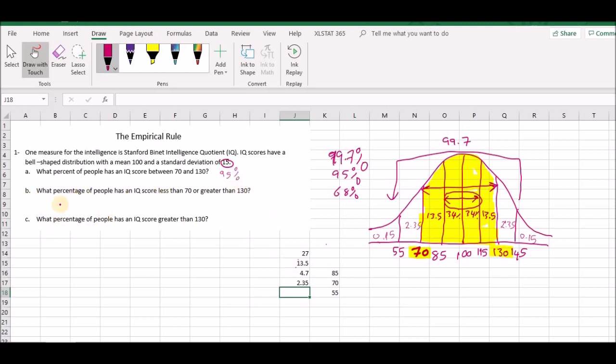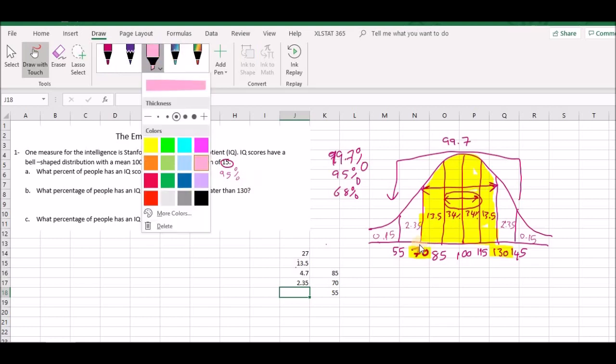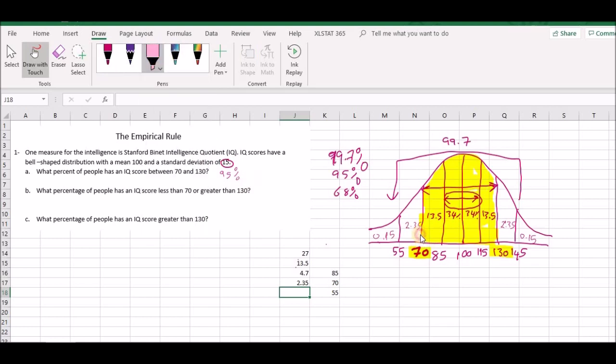Now to answer the second question: what percentage of people have an IQ score less than 70 or greater than 130? Less than 70 is all of this area right here, and greater than 130 is all of the area here.